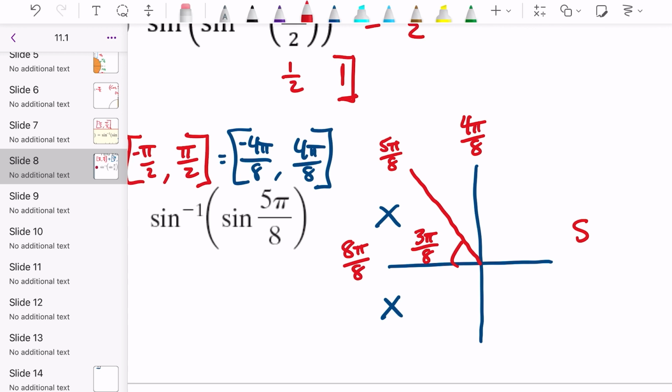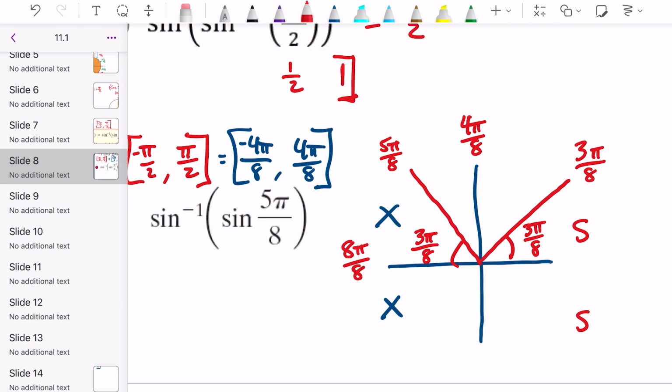In this case, sine is within quadrant 1 and 4. So we're going to take that 3 pi over 8 and find that same angle in quadrant 1. In this case, our answer here would be 3 pi over 8.